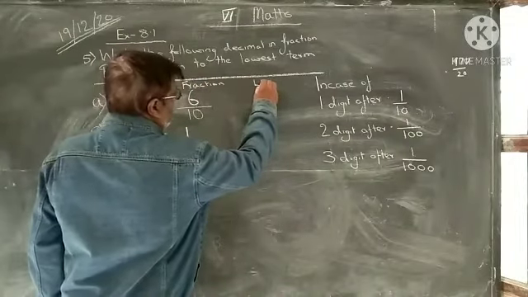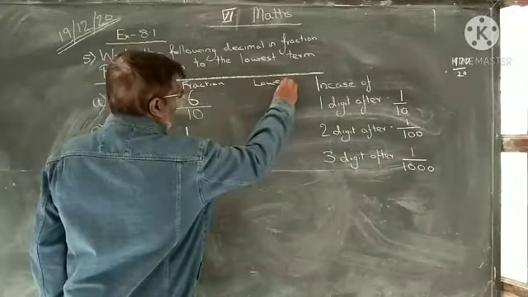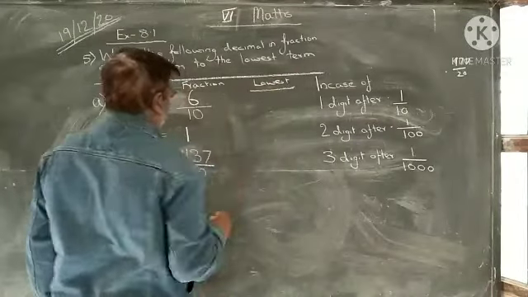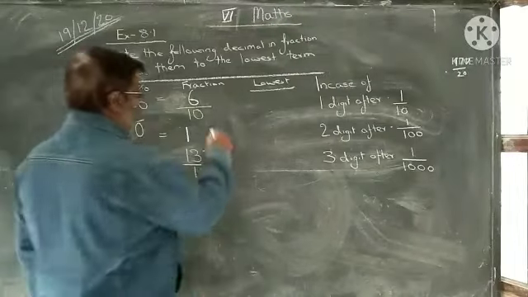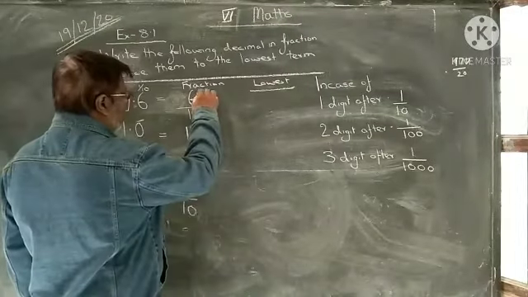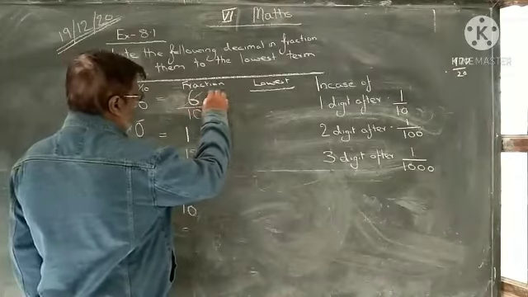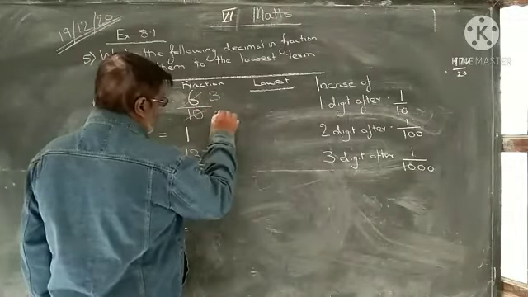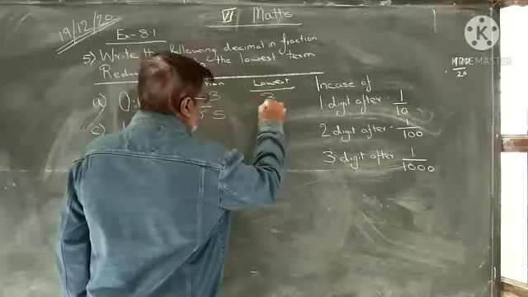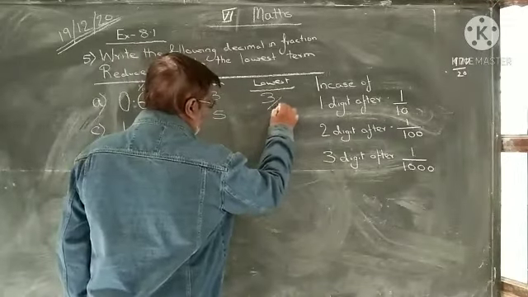Lowest form. Now let's bring this to the lowest form. We can divide 6 by 2, it comes as 3, and 10 by 2, it comes as 5. So we will mark this as 3 by 5.